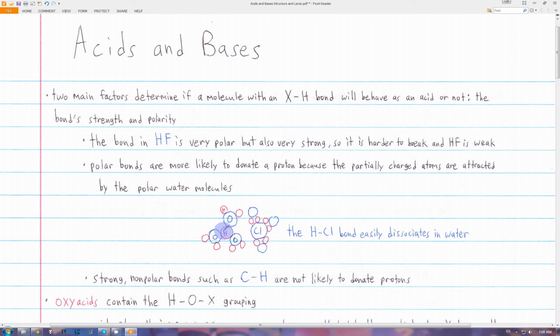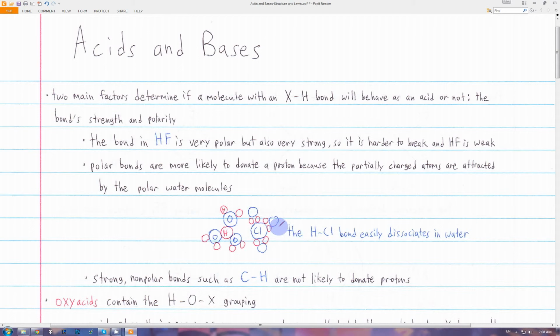The H plus from this bond will attract the negative oxygens of the water, while the chlorine ion, since it's partially negative, will attract the hydrogen parts of the water. So the water pulls the H and Cl apart. So that's why hydrochloric acid is a strong acid, because the high polarity of this bond makes it very easy to break in water.